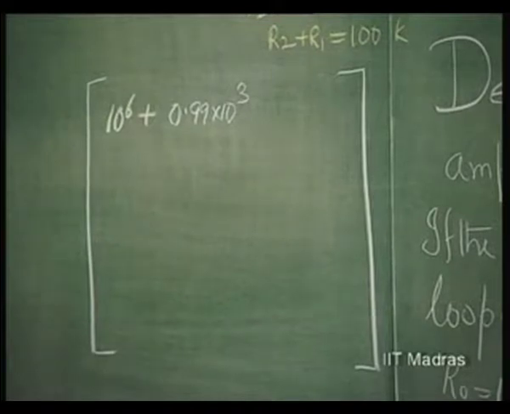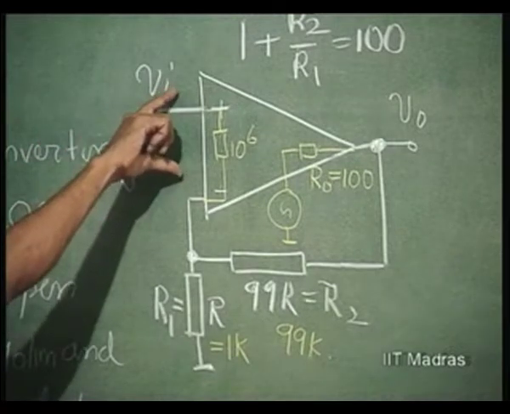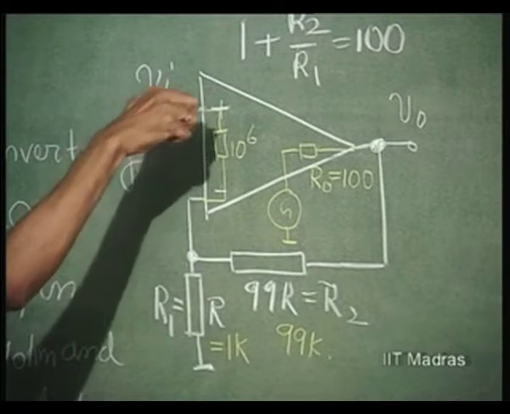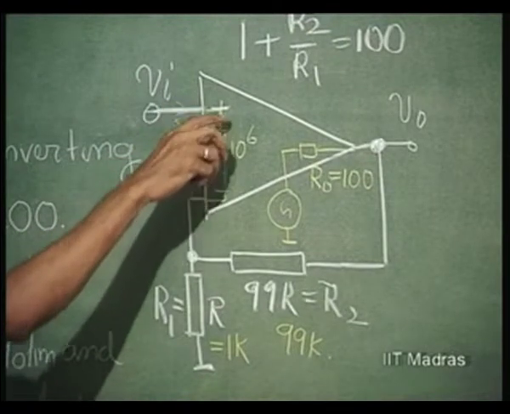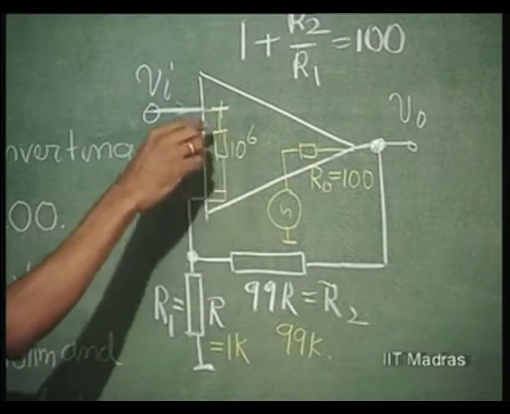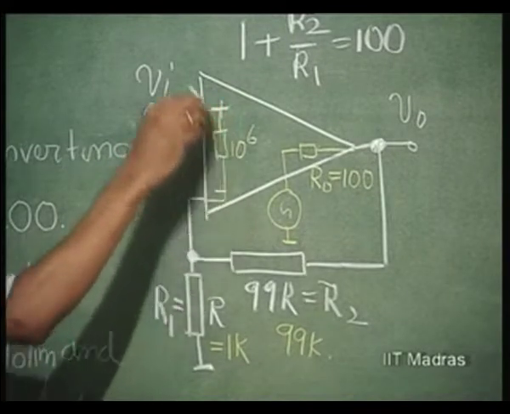So this is it. And next, VI, this current II is going to develop II into 10 to the power 6 as the voltage here, II into 10 to the power 6.